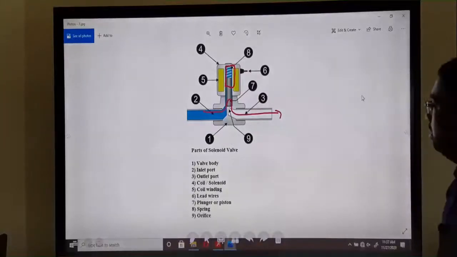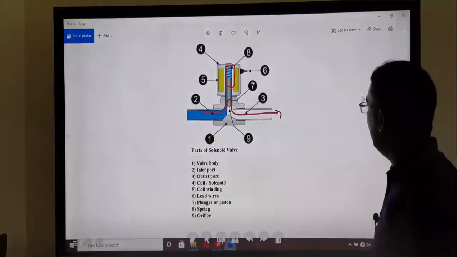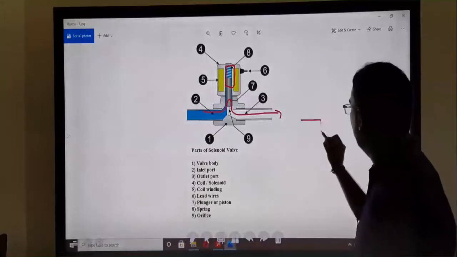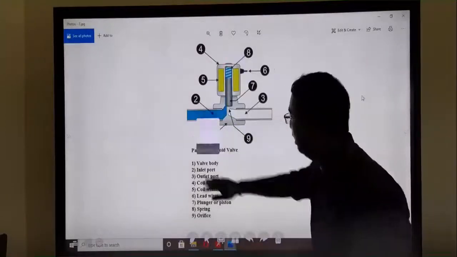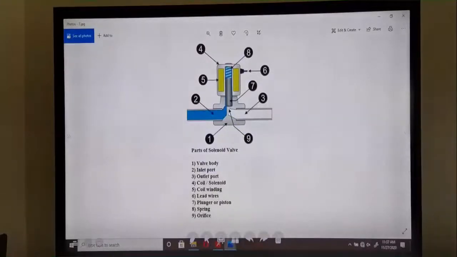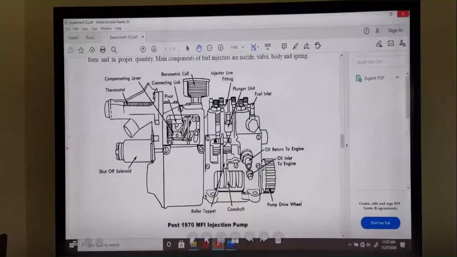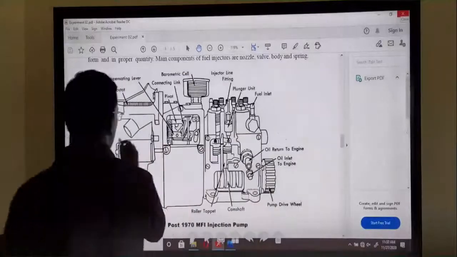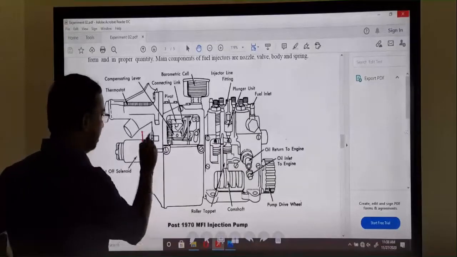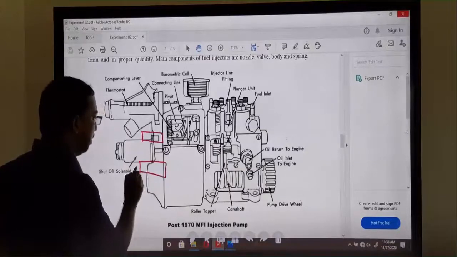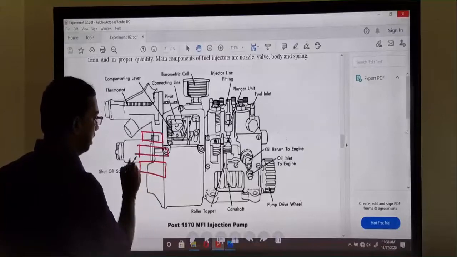So this type of technology can be used in any area. For example, I will show it in the picture, how the solenoid valve works like this. Here is the shut-off solenoid. Just think, there is a wire coil winding. Here there is a plunger.